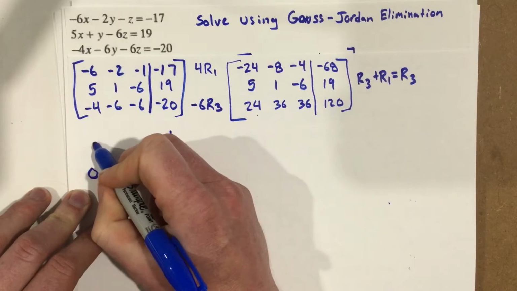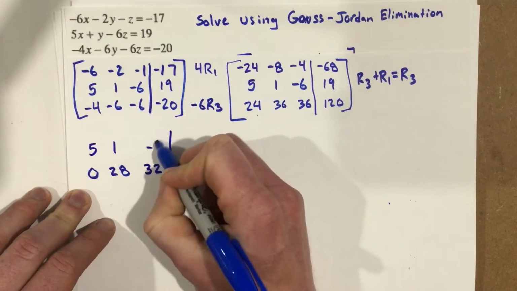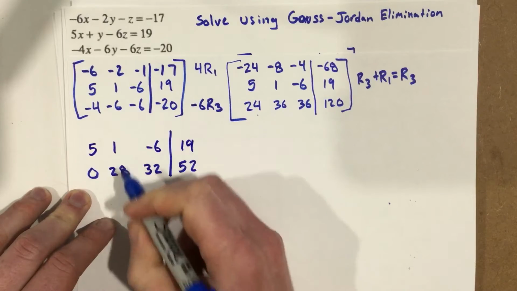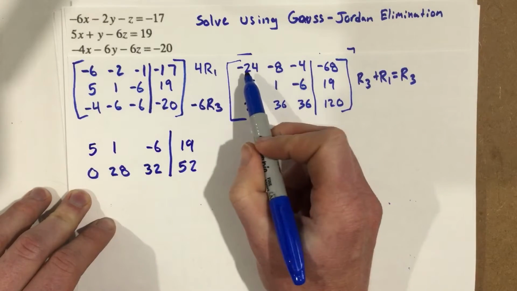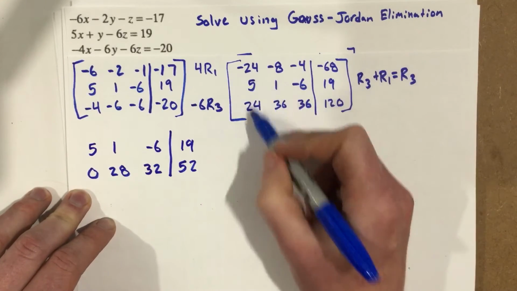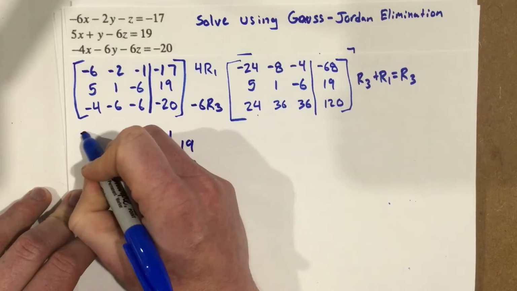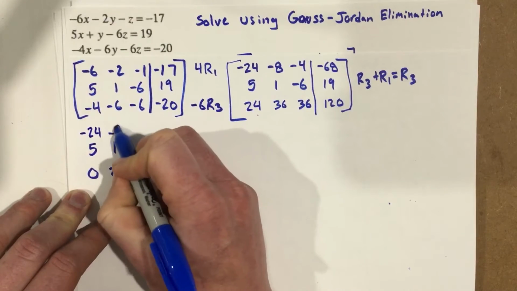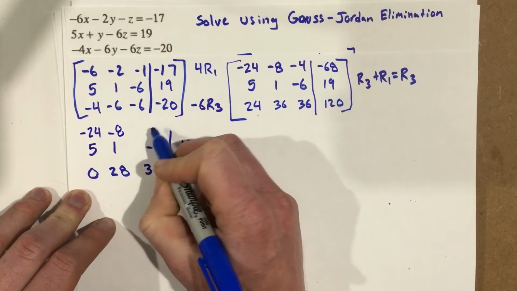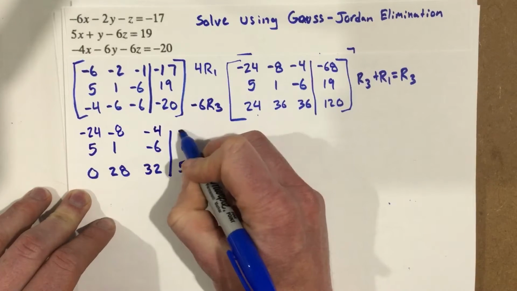And the middle row stays the same, so 5, 1, -6, 19. I'm going to actually take this back, so I'll wait for that step. We'll do it next. -24, -8, -4, -68.